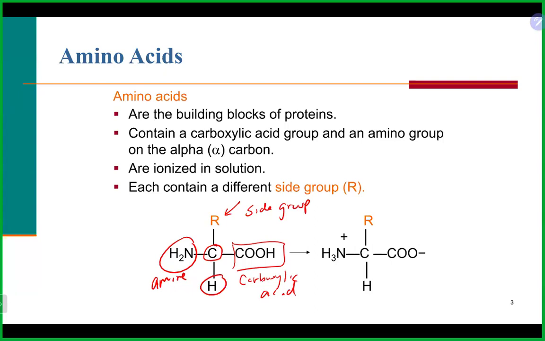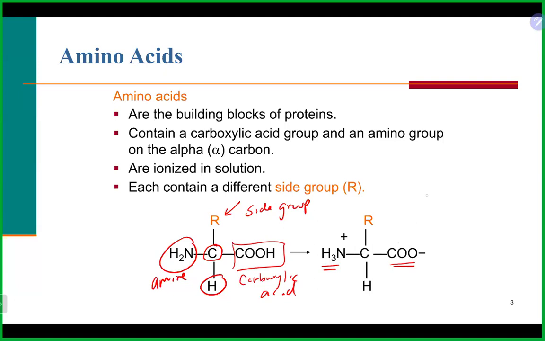And what we'll see here is two versions of this. A lot of times it is drawn as the ionized version, which is sometimes referred to as the zwitterion. That is what we see over here, where our carboxylic acid has lost the hydrogen and becomes negative, and our NH2 gains a hydrogen and becomes positive.